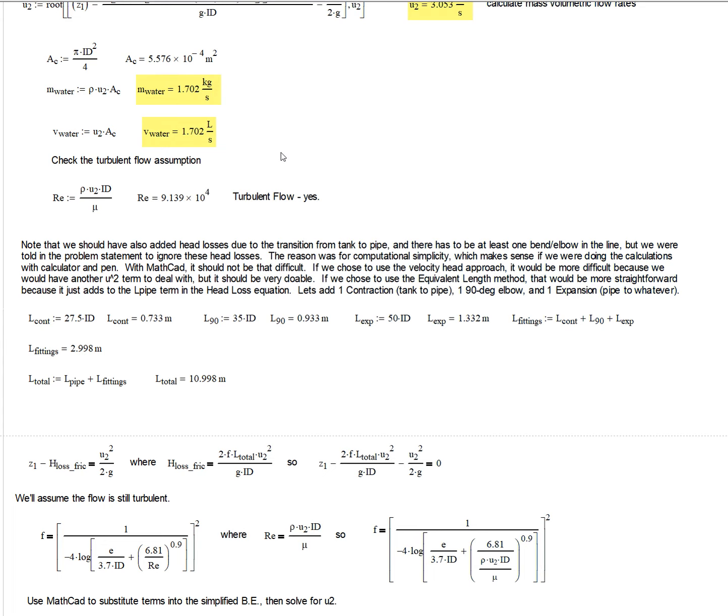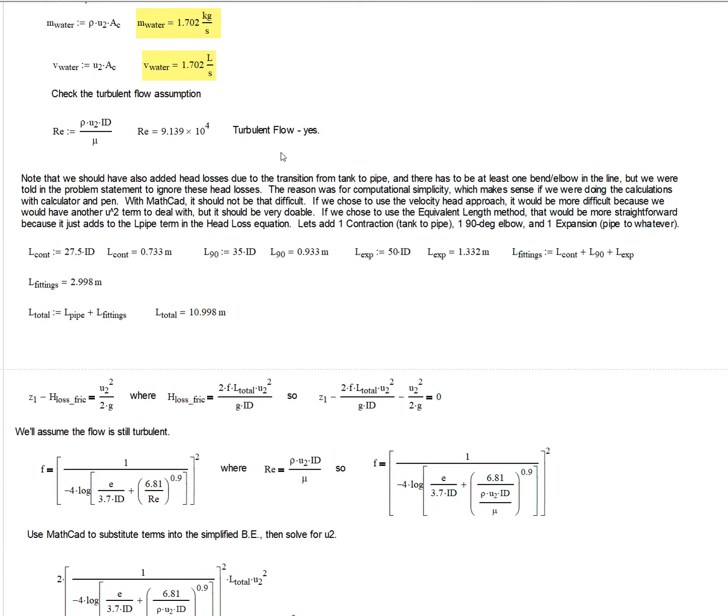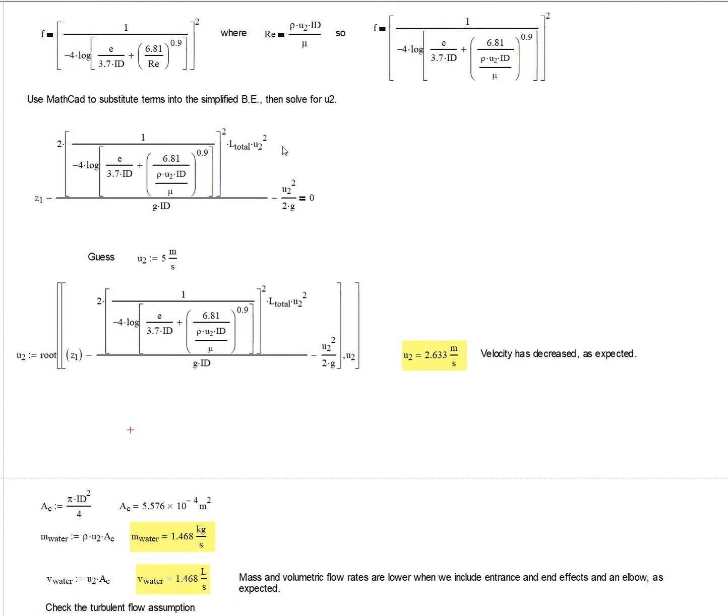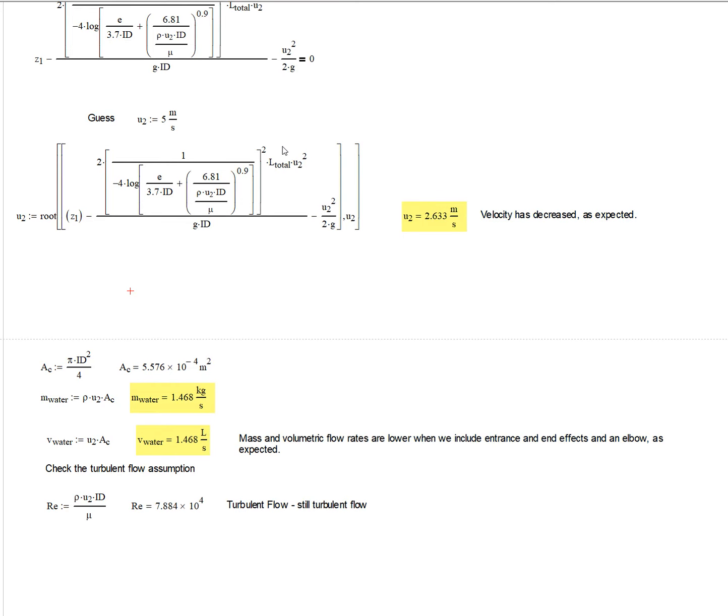There are some significant differences when you neglect frictional fittings that are in your pipe, and you can see if you don't include those, you overestimate the mass flow rate. If you do include those, you will probably get a little bit more realistic calculations of flow rates in these systems.